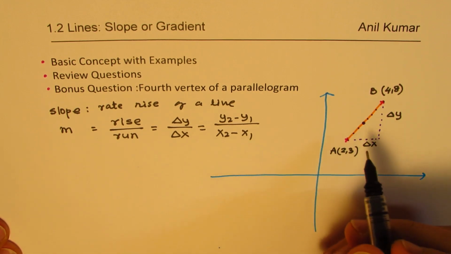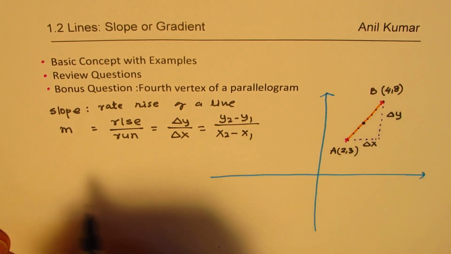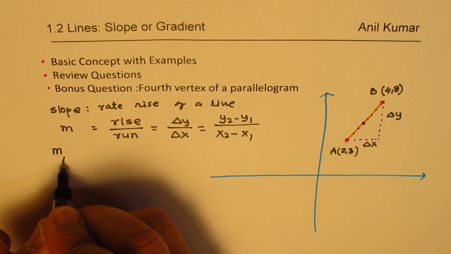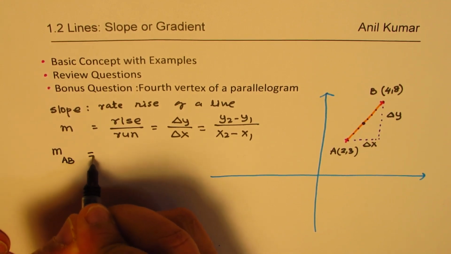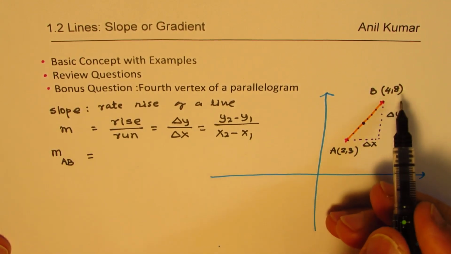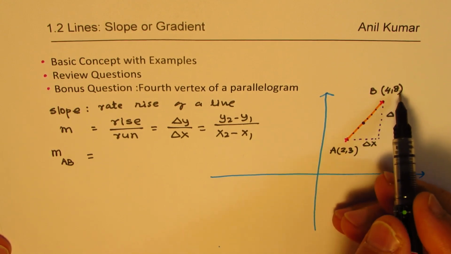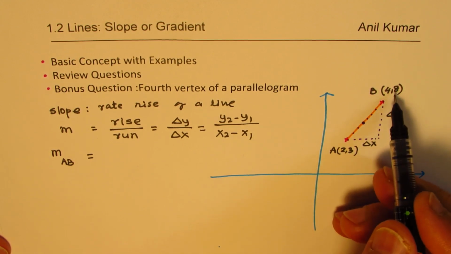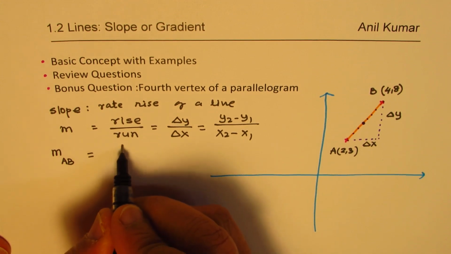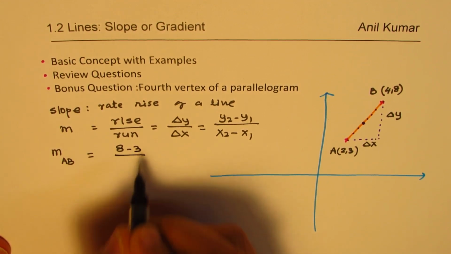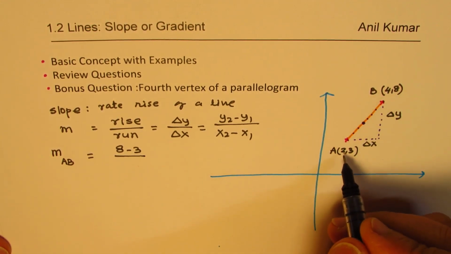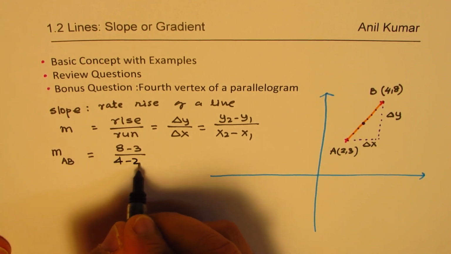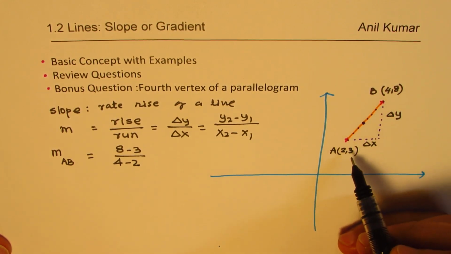So to calculate slope from A to B, we can write m from A to B is equal to what? So y2 minus y1 means the difference of their y values, 8 minus 3. So 8 minus 3 comes on the numerator side, 4 minus 2 comes in the denominator. See, the order has to be maintained.